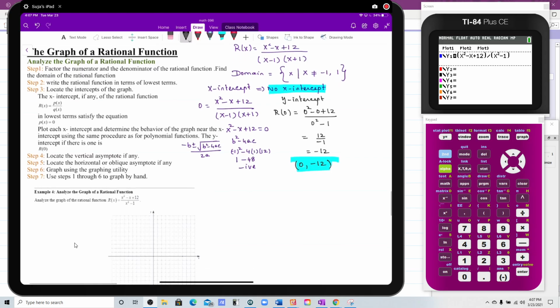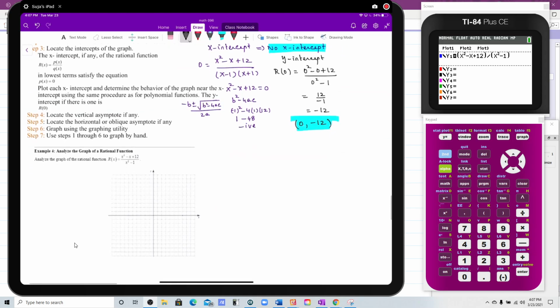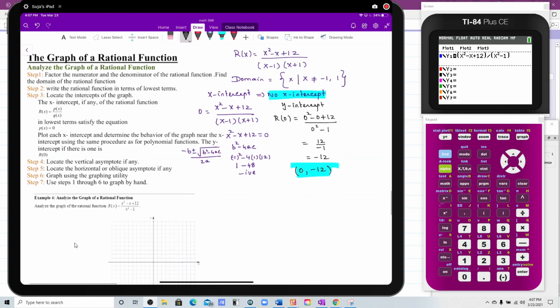But the next step is to look for the asymptotes. To look at the vertical asymptotes, again, I look at the denominator and I see the vertical asymptotes are at these 2 points, x equals 1 and x equals -1.